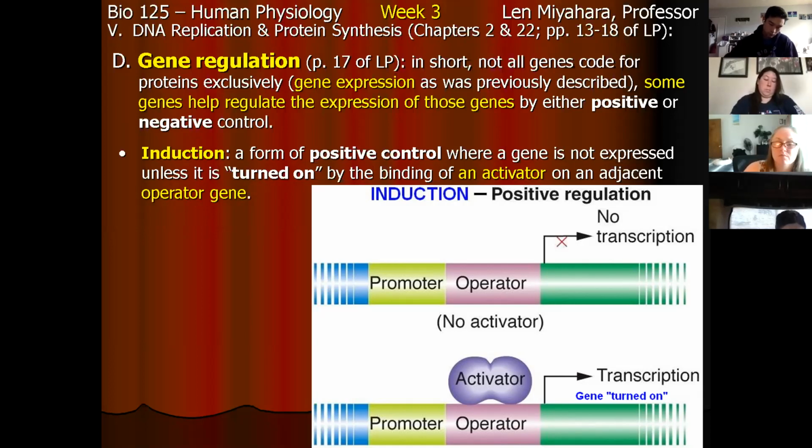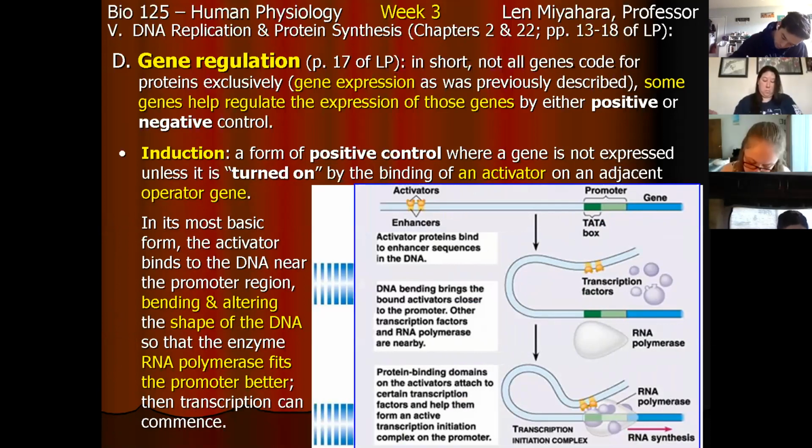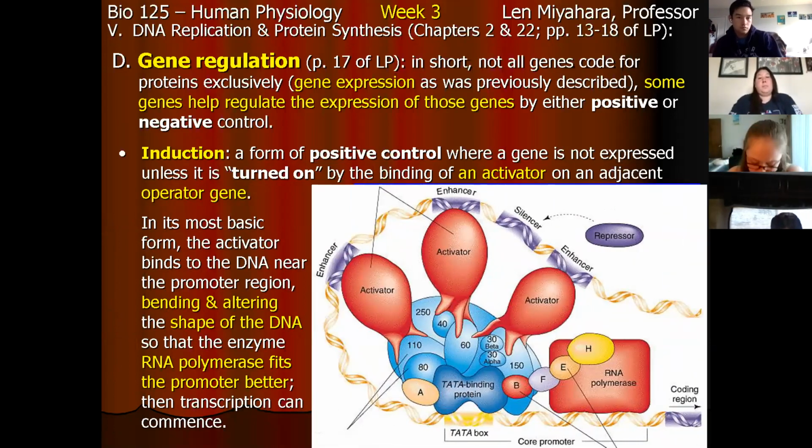That's why it's called induction. Okay? In its most basic form, what it's doing is it's bending the DNA double helix to be in a much more favorable shape for RNA polymerase. Positive control, turning on. You can see it's actually quite a bit more complex than what I'm giving you. Shall we keep it at the simplest level?